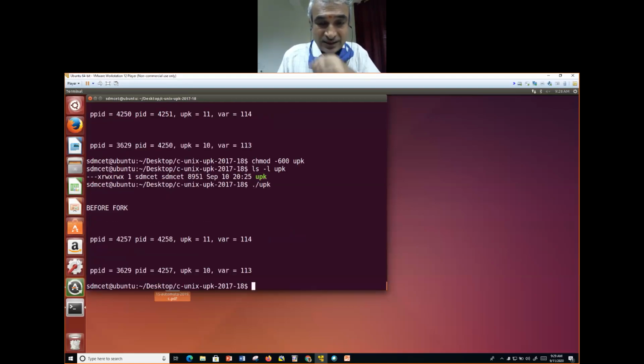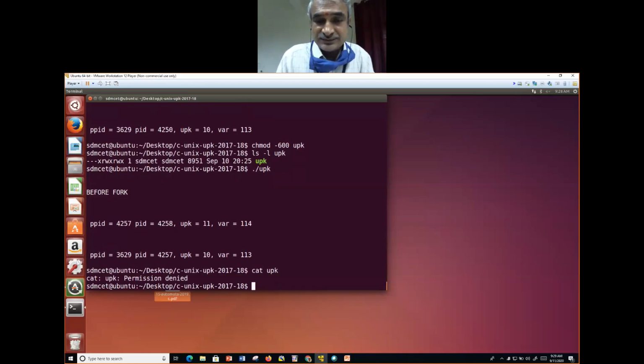Then I want to edit this one. Can I? Now look into that. One of the commands is cat, to read the content of the file. Cat UPK. Now look at that. What did it say? Permission denied. Though I am the owner, permission is denied. Why? Because of the first 3 alphabets marked here.